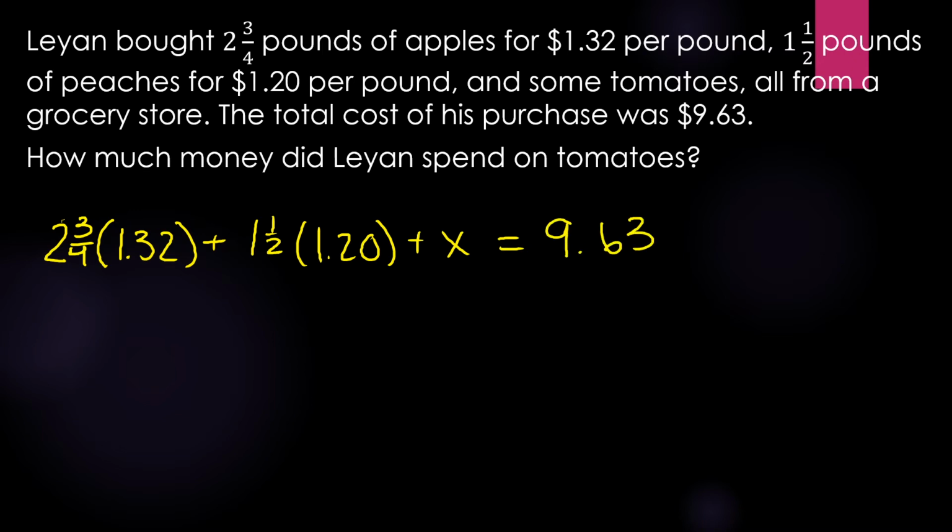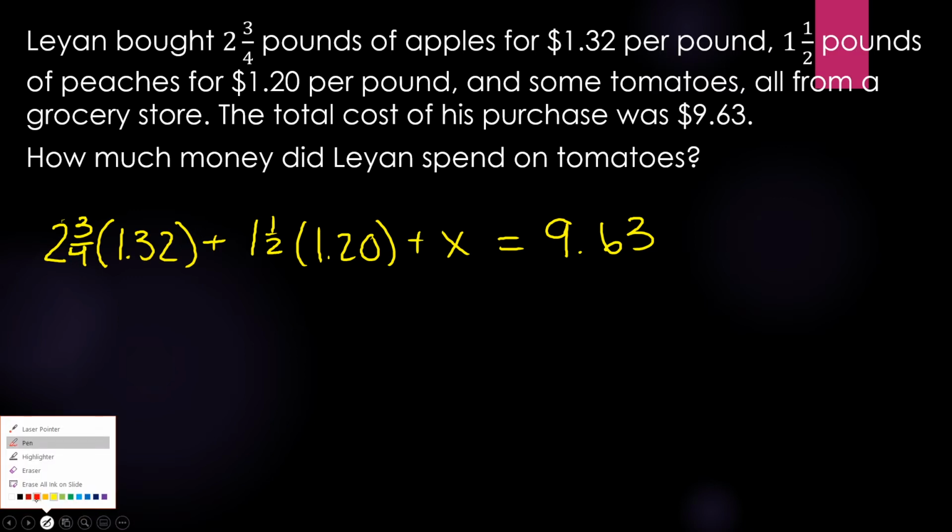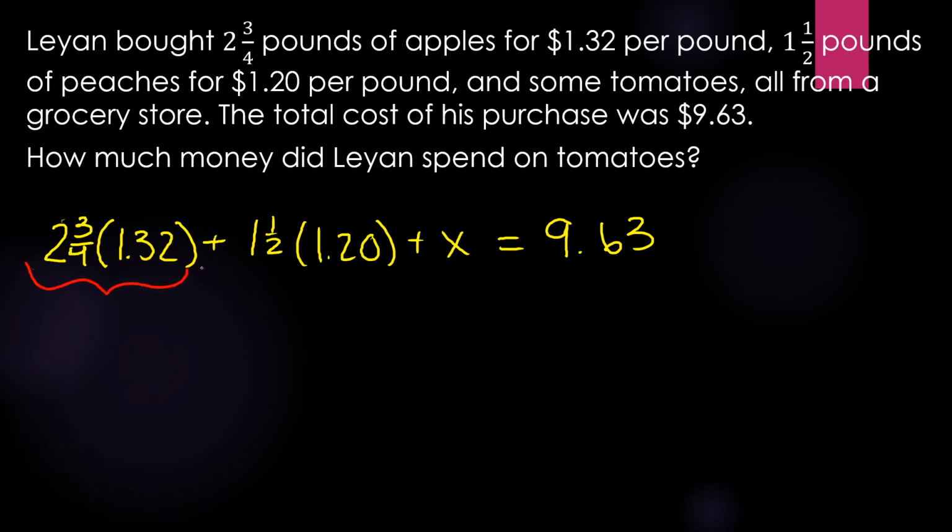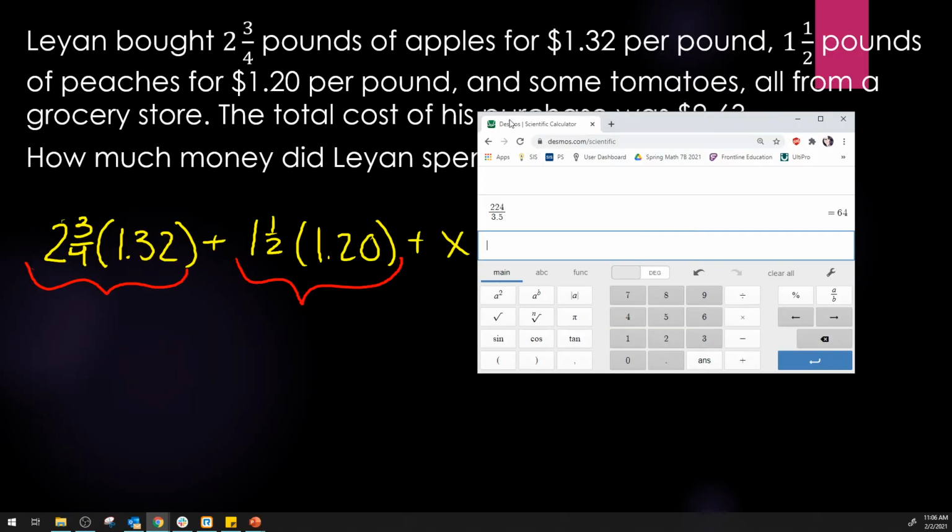Okay, so the first thing we need to do here is we need to do some multiplication, right? This right here and this second part right here, those are numbers I can just multiply together. There's no variables there, so let's simplify it to make it a little bit easier to look at. All right, so I have 2 3/4, and I'm going to multiply that by 1.32.